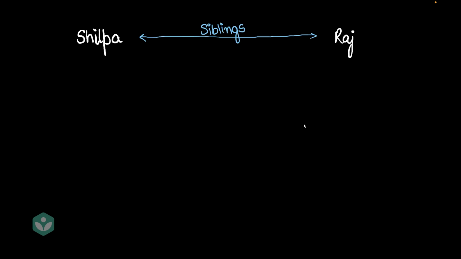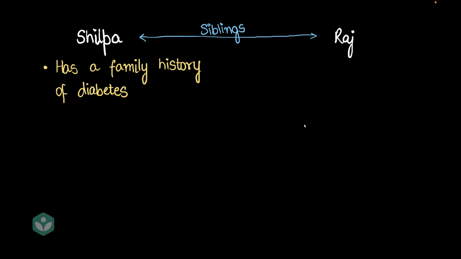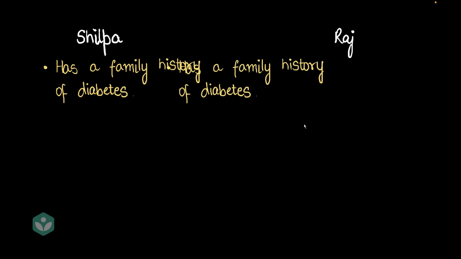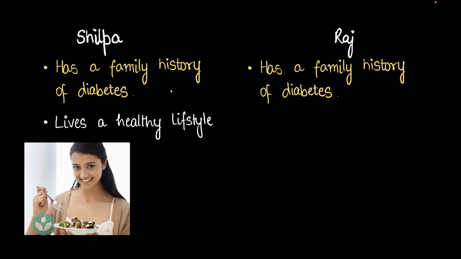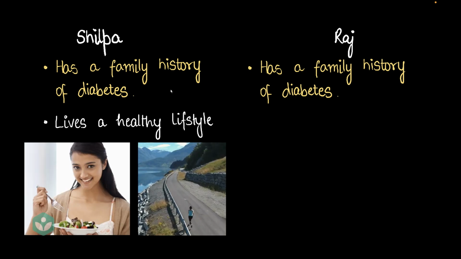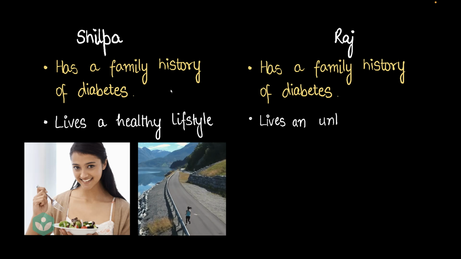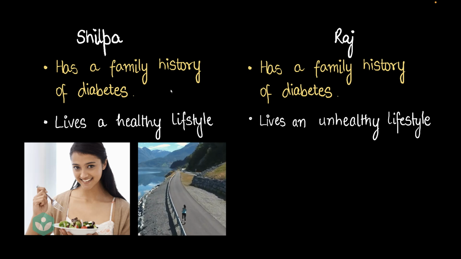Okay, let's take another example. Let's say we have two siblings. Once again, Shilpa and Raj. And in this case, Shilpa and Raj both have a family history of diabetes. Obviously, because they're siblings, they have exactly the same family history, right? Shilpa lives a healthy lifestyle. She eats healthy and she goes jogging every morning. But Raj, on the other hand, lives an unhealthy lifestyle.